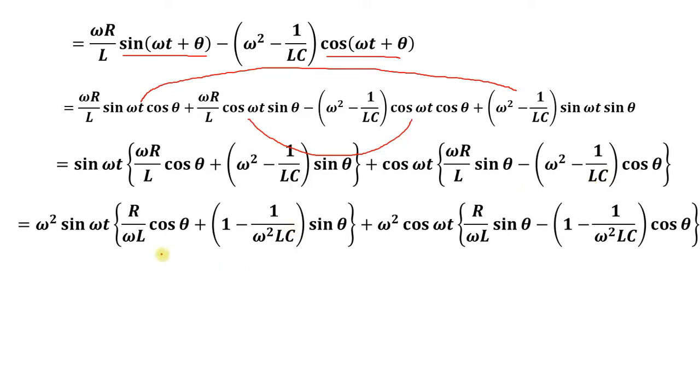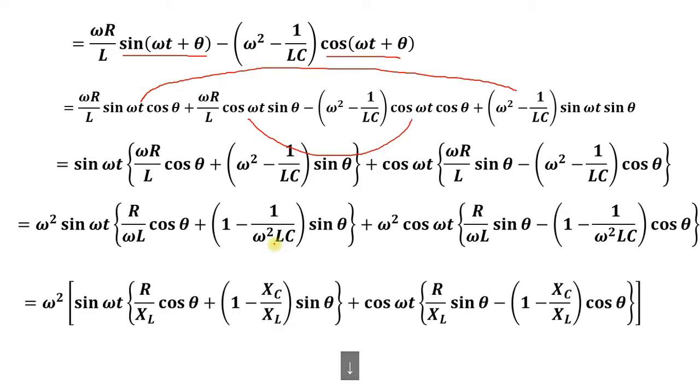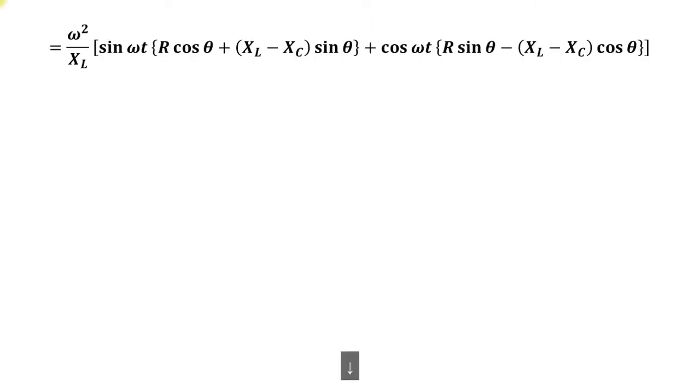Now this omega L is replaced by XL and this omega square LC is replaced by omega L into omega C. We know that 1 by omega C is replaced by XC and omega L is replaced by XL. So now you take XL outside from this overall equation. I take omega square outside, and now XL is taken outside.